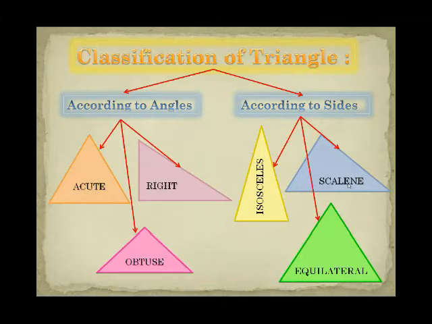This means that such a kind of triangle is called a scalene triangle. Okay students, the second triangle is called isosceles triangle. In an isosceles triangle, any two sides of a triangle are congruent. This means that any two sides of a triangle are equal in measurement, so it is called an isosceles triangle.